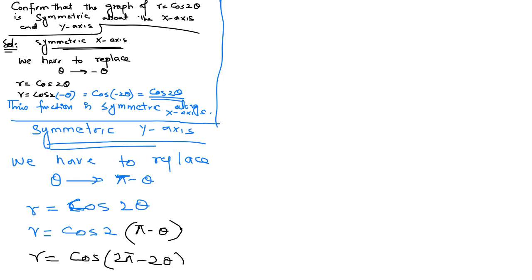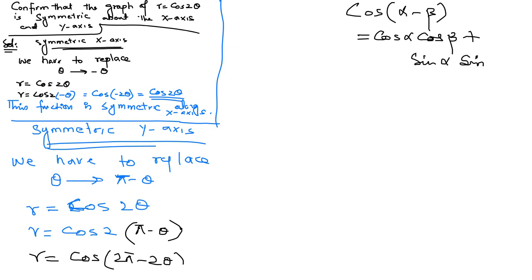Okay. So anybody know about this formula? Cosine of alpha minus beta is equal to cosine of alpha, cosine of beta plus sine of alpha, sine of beta. Have you studied about this formula?